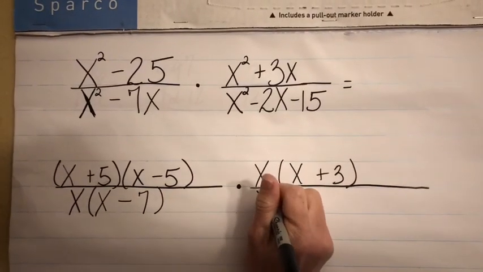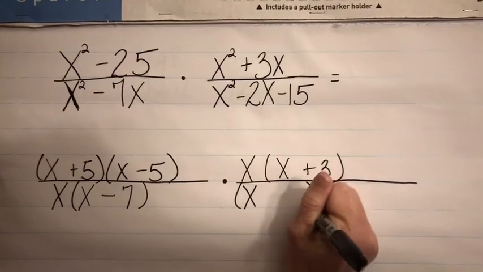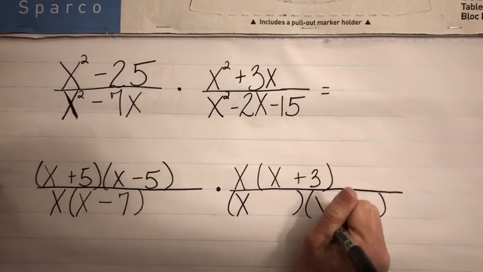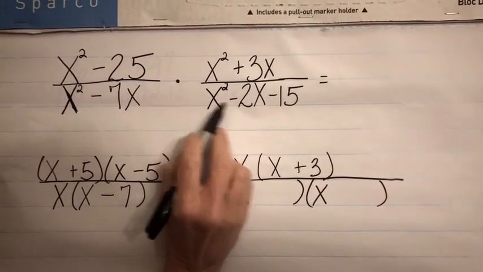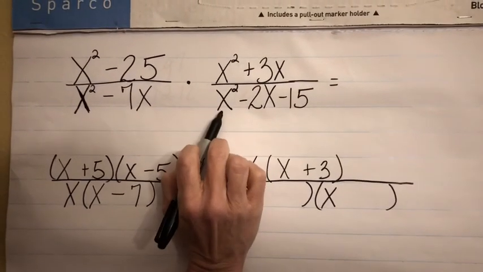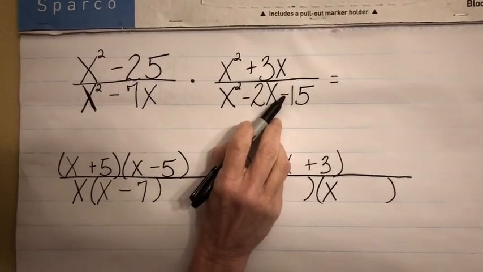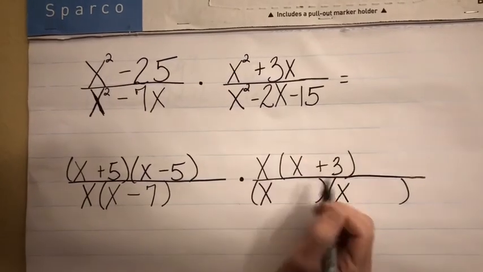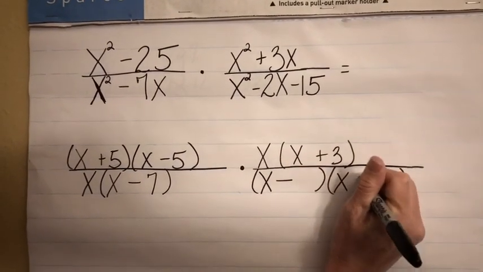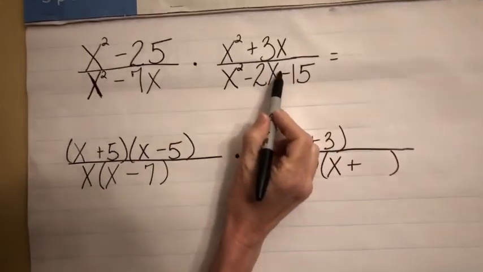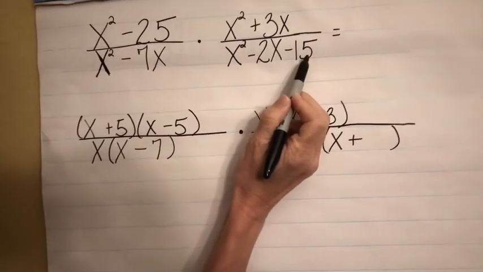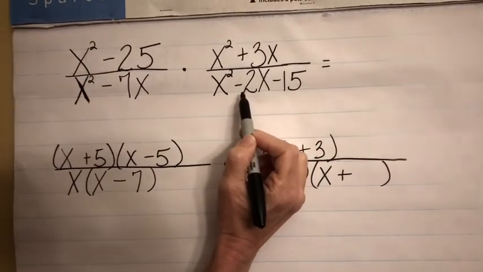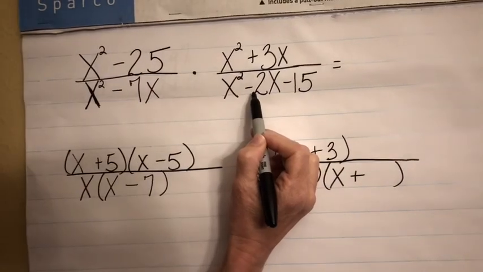It would be x and x, okay? Because we have an x squared in the front. It's subtraction, so we know that one is going to be minus and the other is going to be a plus. And then we have to think what multiplies to get 15 and subtracts to get -2.